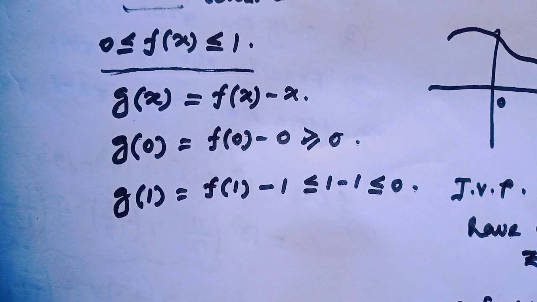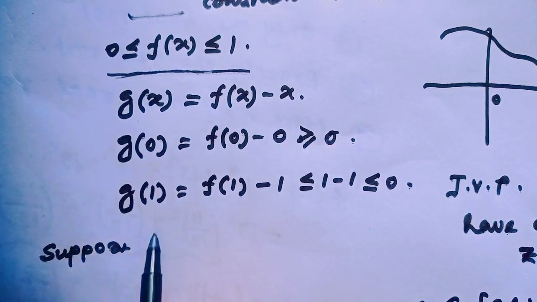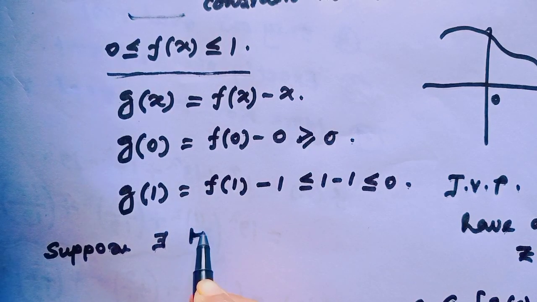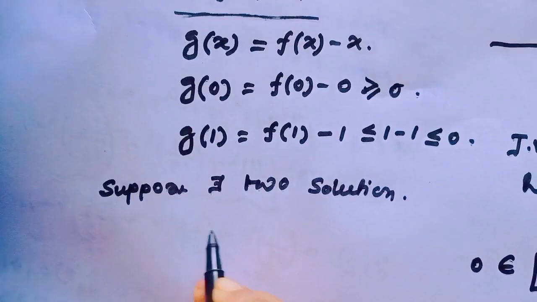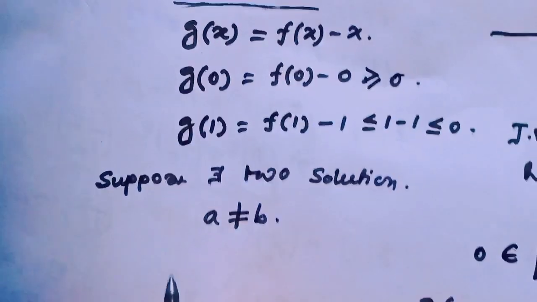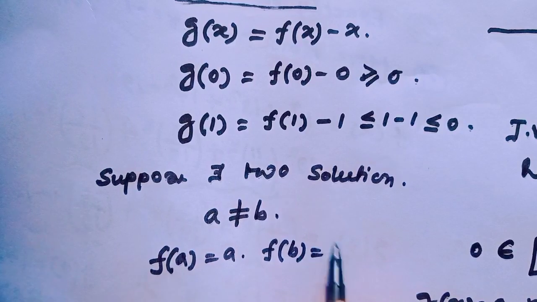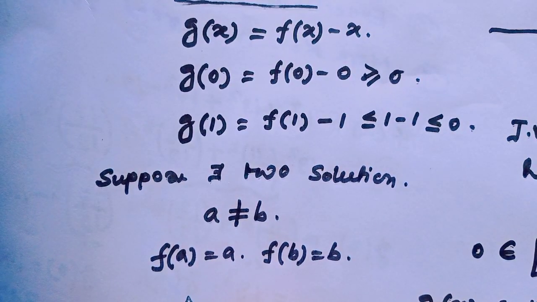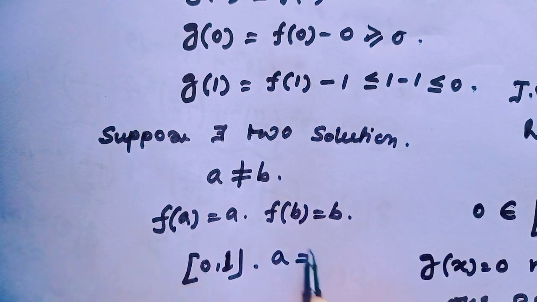Now I will prove our original question. I will prove there exists exactly one fixed point. Suppose there exist two solutions. Consider a not equal to b, then f of a equal to a and f of b equal to b in the closed interval [0,1], and here a is not equal to b.